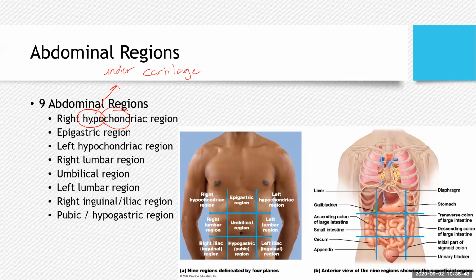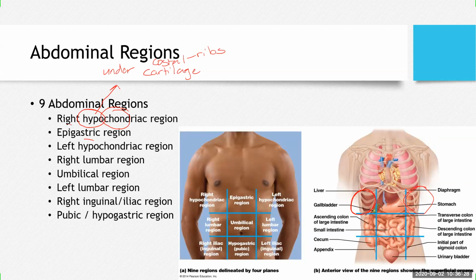So this means that it's underneath the cartilage. What cartilage are we talking about in this right hypochondriac region? Yeah, it's the costal cartilage. Costal meaning ribs, so this is the region underneath the cartilage of the ribs. So here is the right hypochondriac region, and same thing, the left hypochondriac region over there.